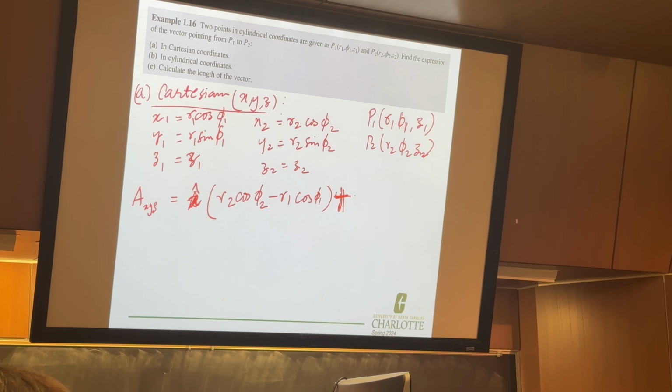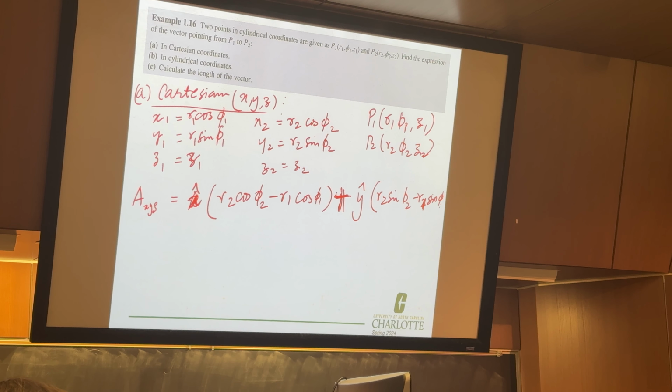Plus, in the y direction we have r2 sine phi2 minus r1 sine phi1, plus in the z direction we have z2 minus z1. Okay, that's it.